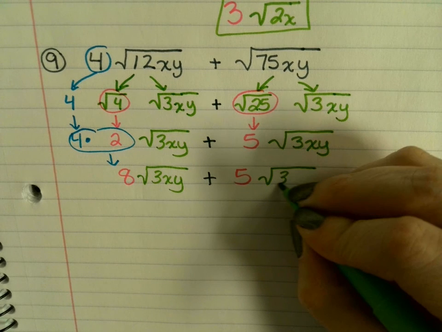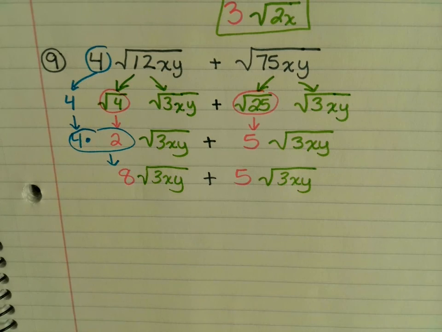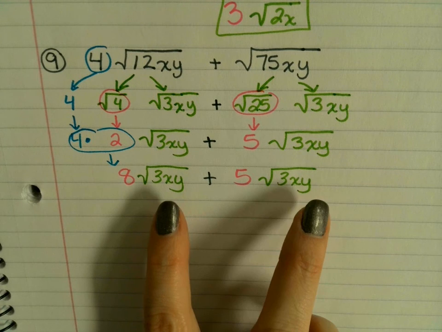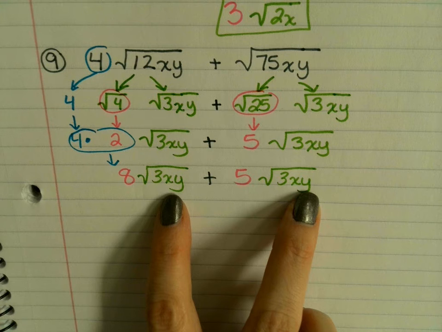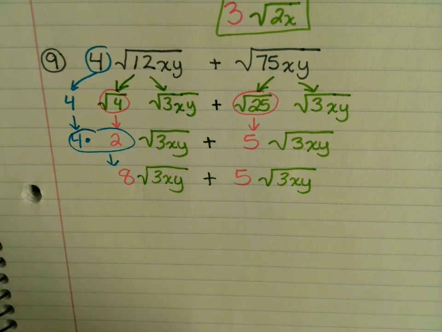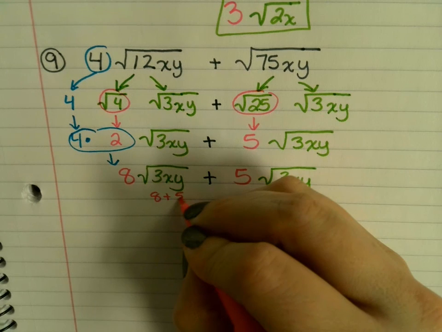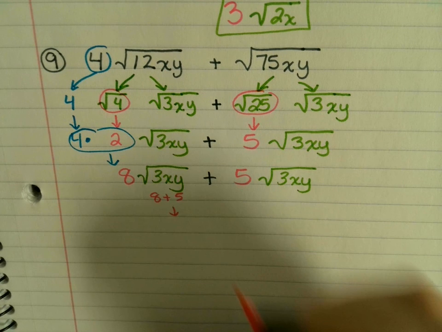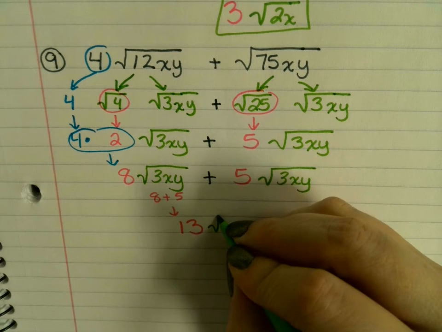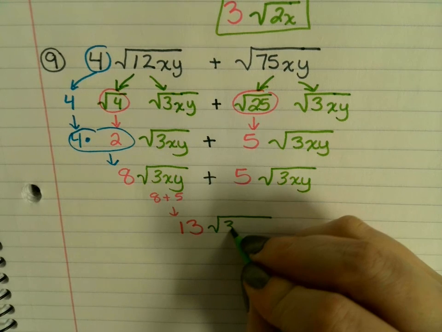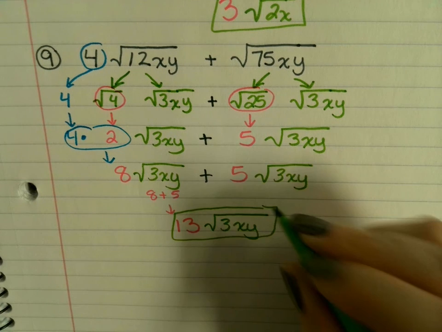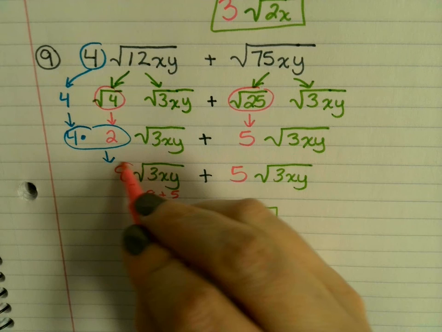Okay, because they both have identical radicals, we can add the coefficients together. We can do 8 plus 5, and 8 plus 5 is going to give us 13. So we have 13 square root of 3xy.